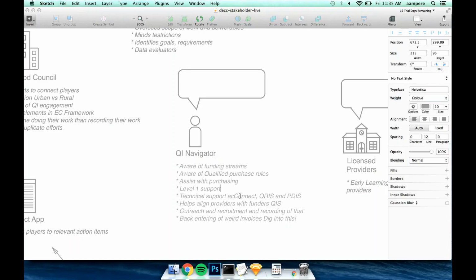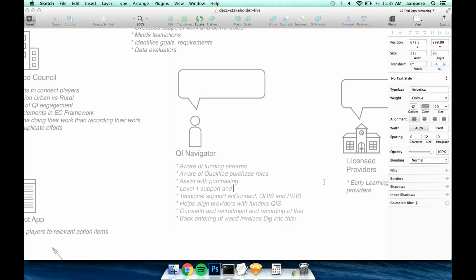Right. Yeah, I just wanted to clarify because our navigators work to support all levels in Colorado Shine, not just level 1. Oh, ours do too. Yeah, they do. It's just that's the bulk of what they do. So maybe you say level 1 support and higher level support as needed or something.